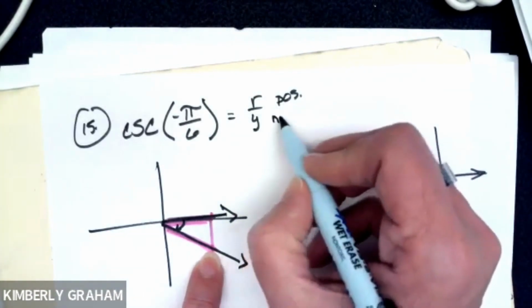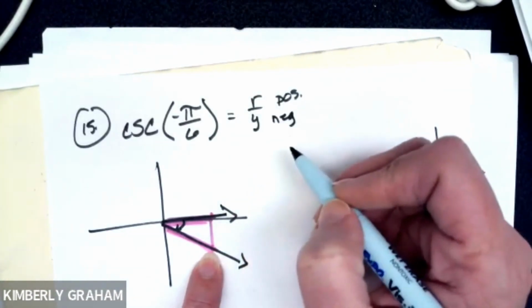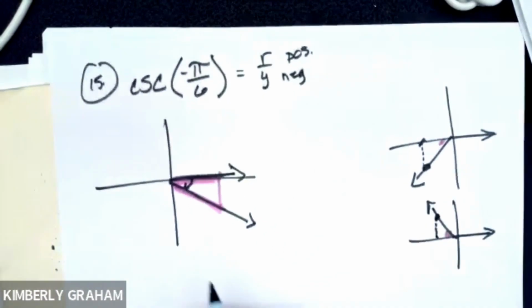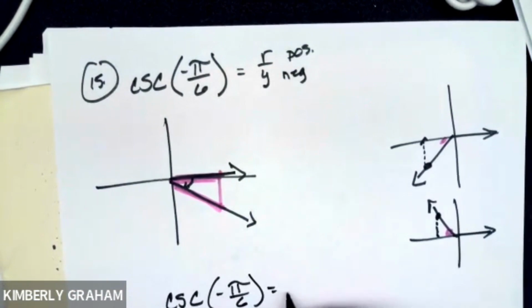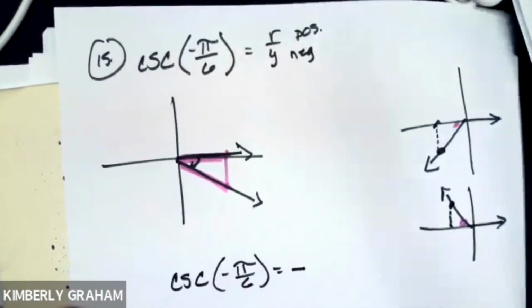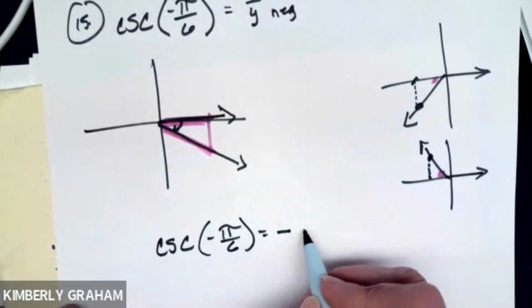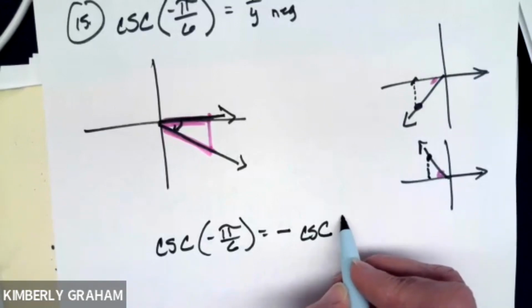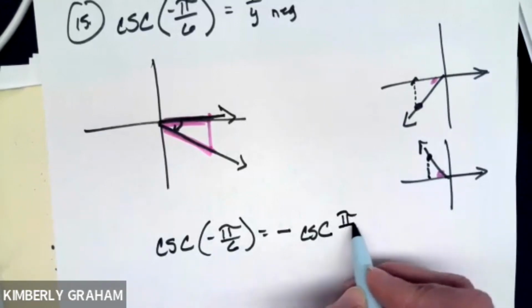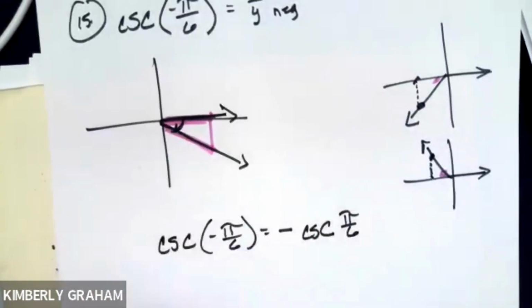Well, the y coordinate is going to be negative, right? So I know that cosecant of negative pi over 6 is going to be the negative of the reference angle. And my reference angle was pi over 6, right? This angle measure in here is pi over 6.